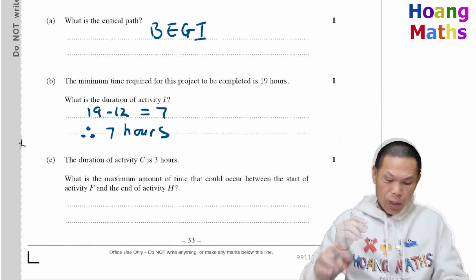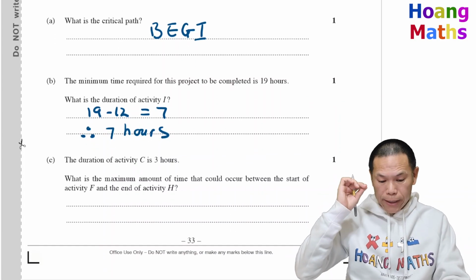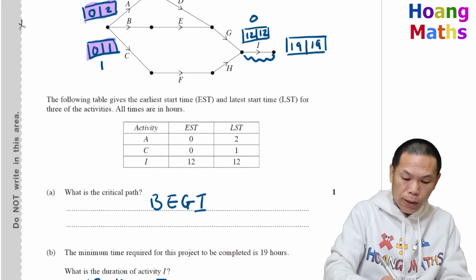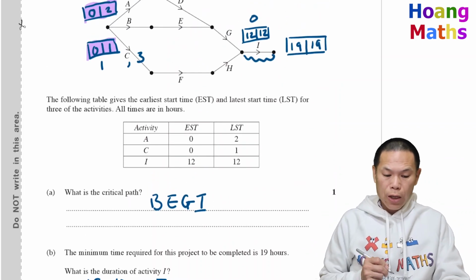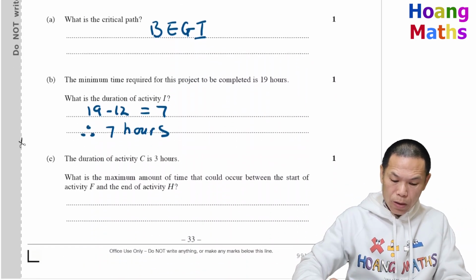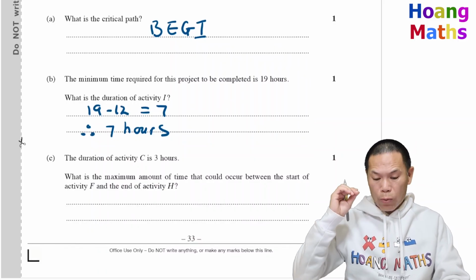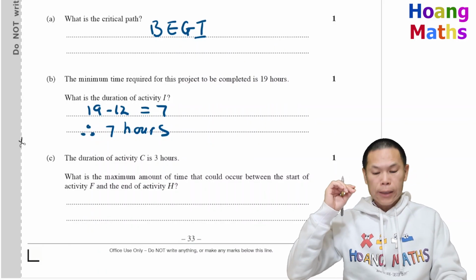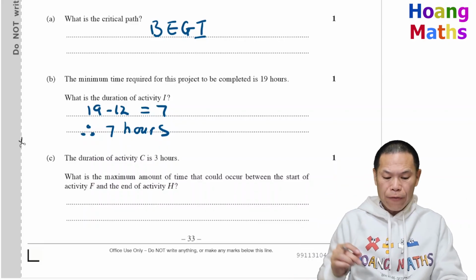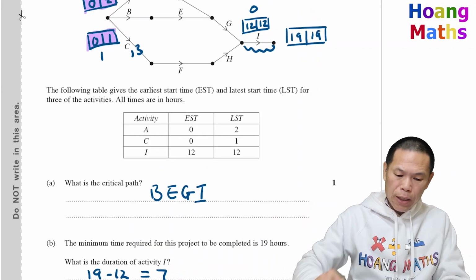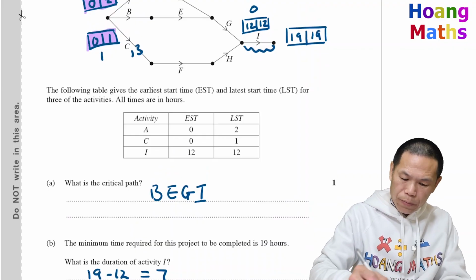Part C. The duration for activity C is 3 hours. So let me fill it up. So for C is 3 hours. What is the maximum amount of time that could occur between the start of activity F and the end of activity H? So that means activity F and activity H here.